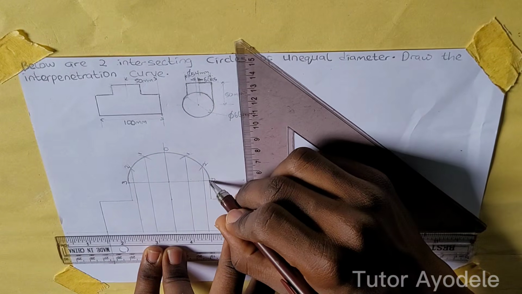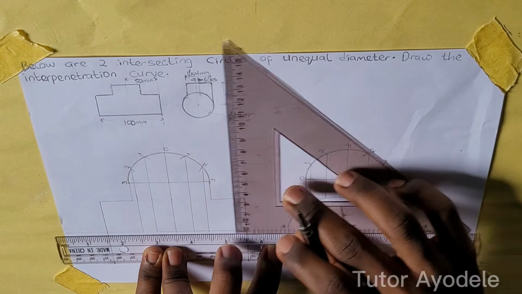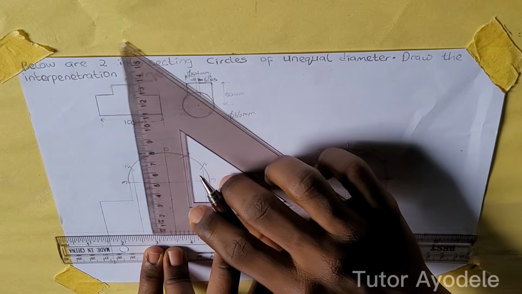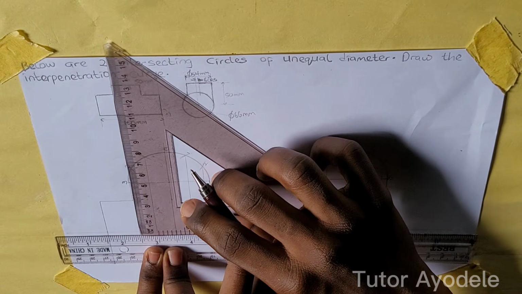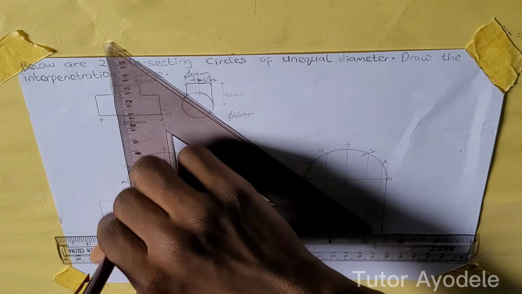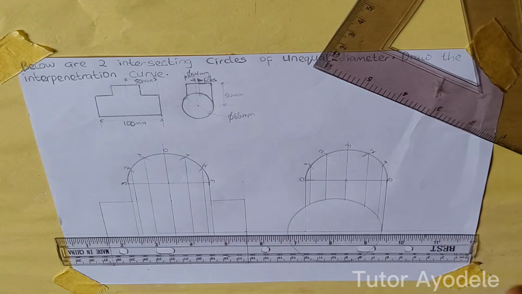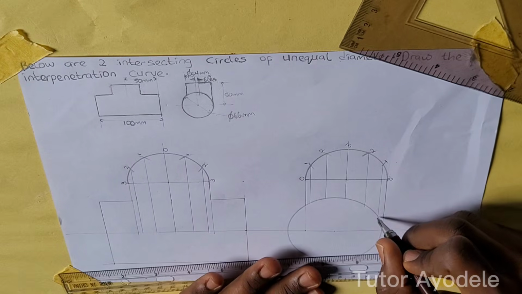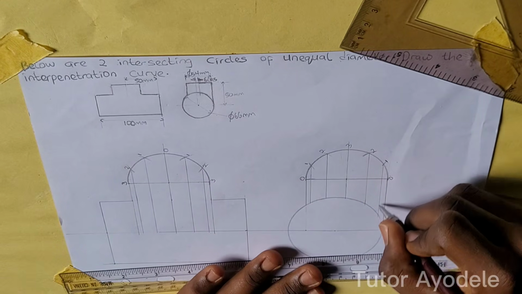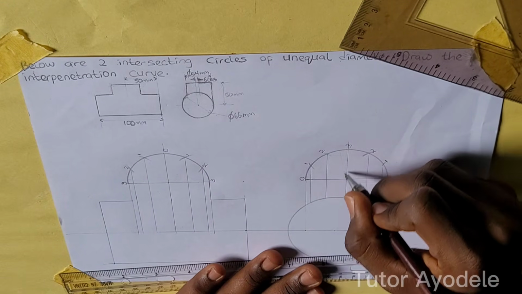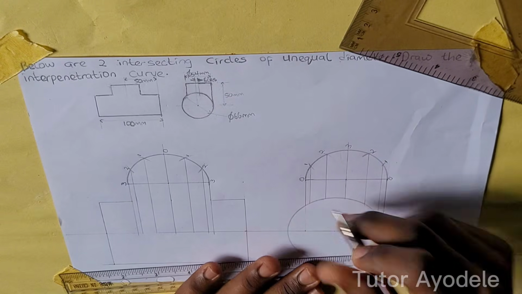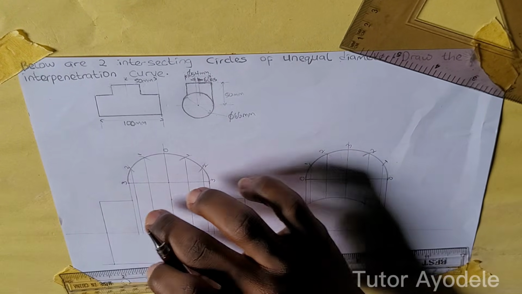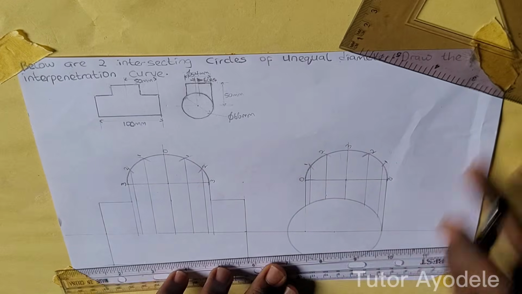I'm also going to draw this number 3 line down. Okay. So the next thing I'm going to do is draw from this point where these lines meet the circle. I'm going to draw them straight like this through this diagram to meet these lines.